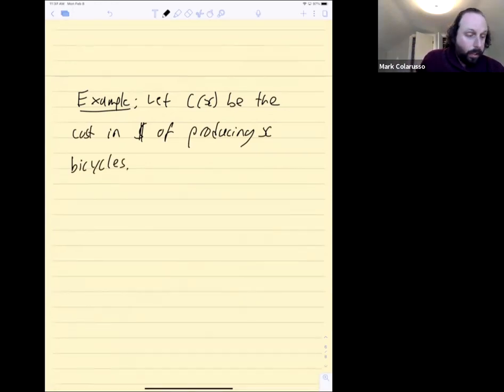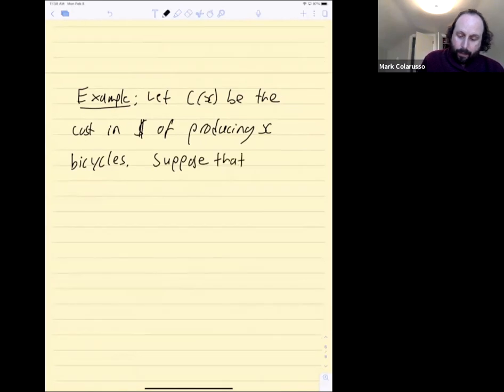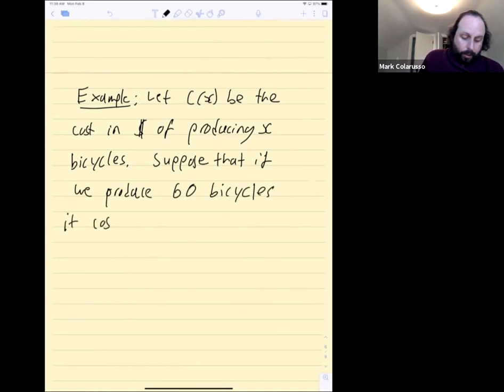And let's suppose that if we produce 60 bicycles, it costs $6,000.